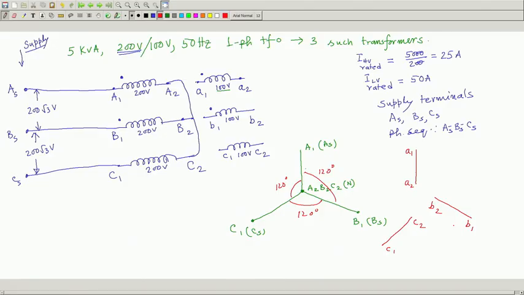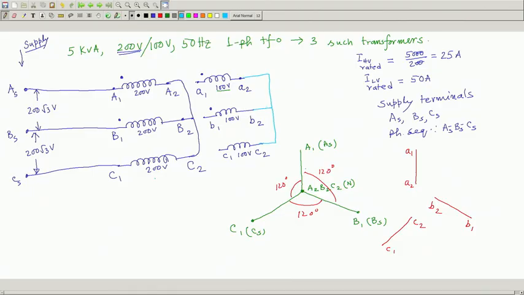Achha. Now, what I will be doing is these 3 terminals I will short. You imagine these 3 are shorted. The moment you short these 3, secondary also gets connected in star.